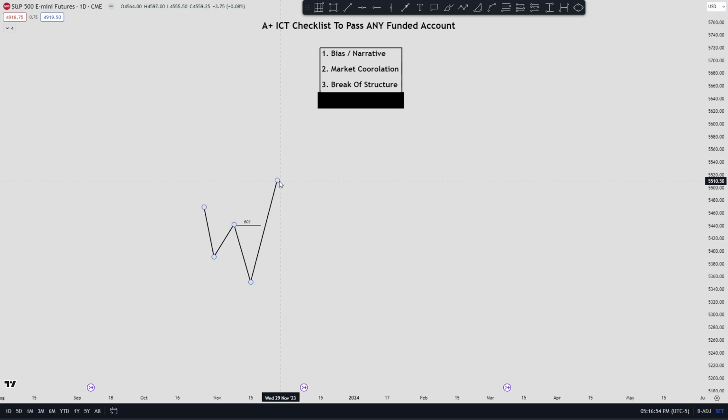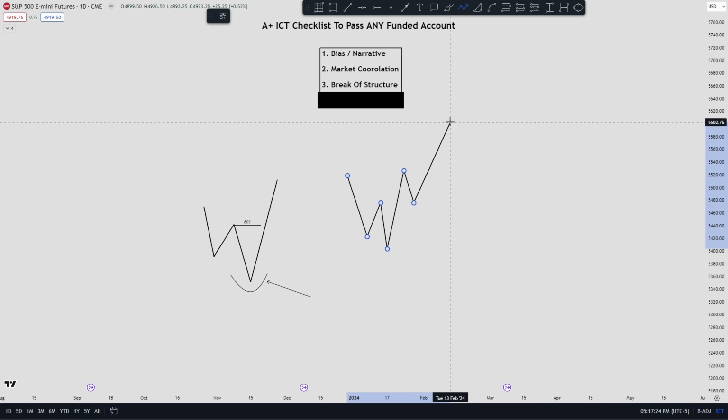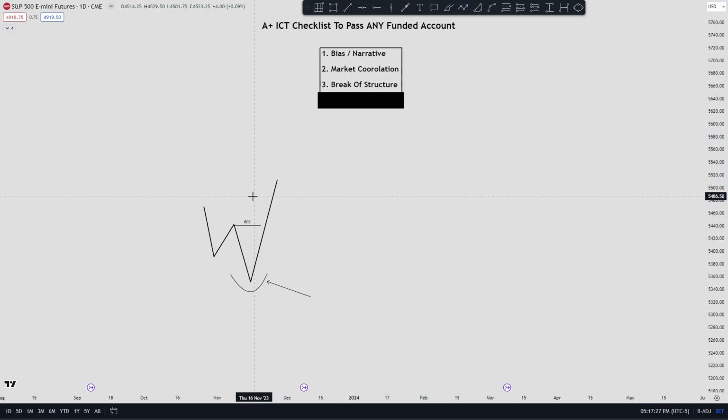When we see a break of structure here, it means there was support found here, meaning this low now becomes a strong low, meaning support, meaning price came down here, found support, and then broke higher. And now the market is shifting from lower prices, broke structure upside, to now higher prices. The market is shifting. So when we have a break of structure, we're anticipating a pullback.